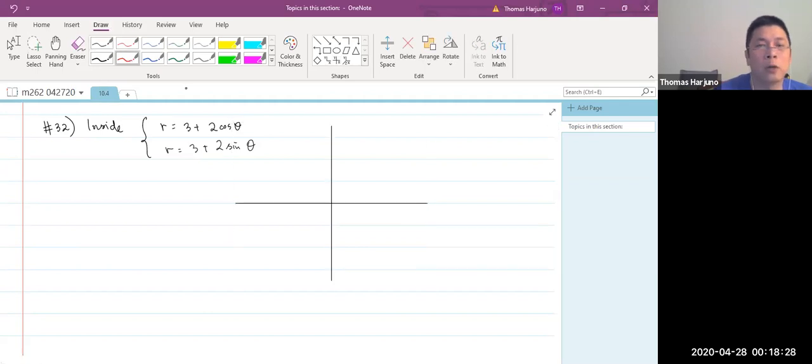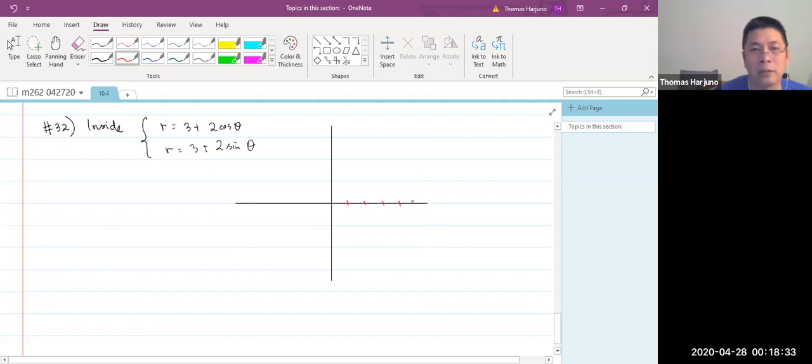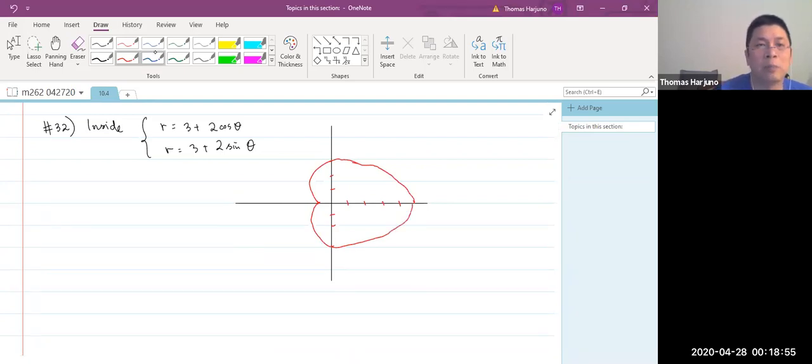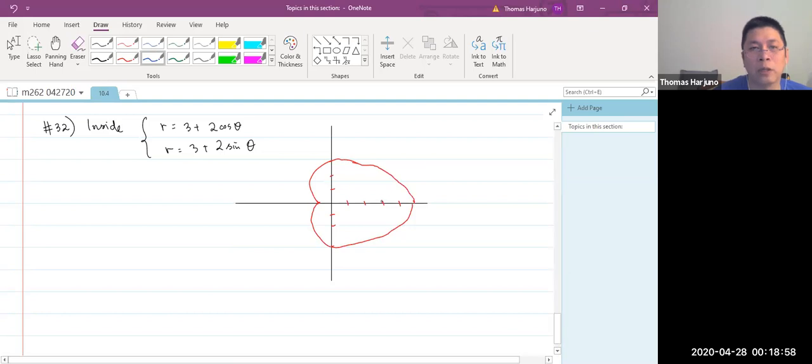But one of them on the x-axis has 5, 3, negative 3, 1, so 3, while the 3 plus 2 sine theta will be here, 5 here, 3 here, 1 here.